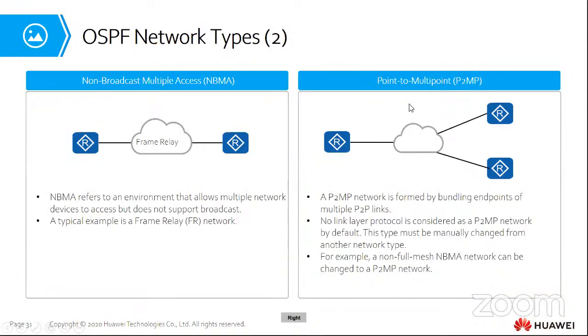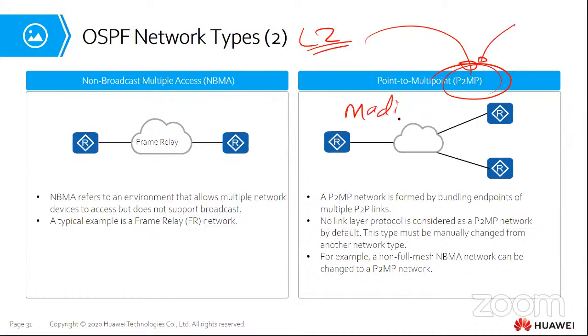But for the fourth OSPF network type, there is no layer 2 technology that by default leads to a point to multi-point network type. A point to multi-point network type is always a modification of another network type.